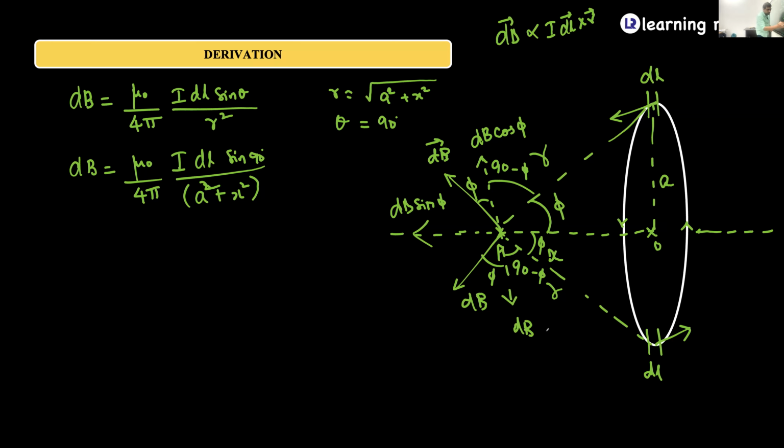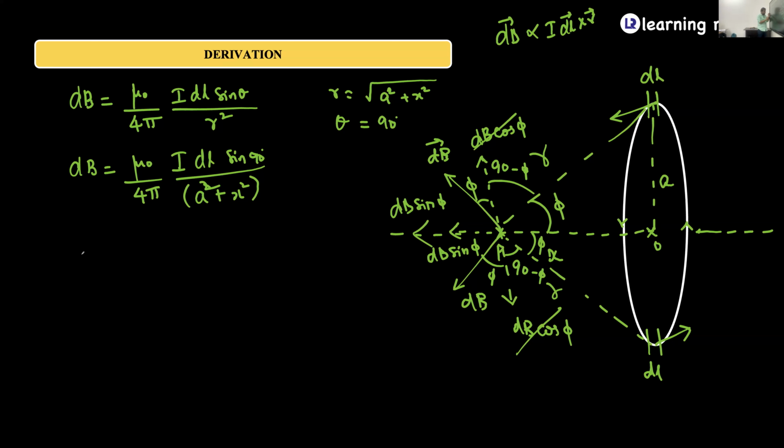So this dB can be resolved into dB cos phi and another dB sin phi. So how many dBs are there which are contributing to the magnetic field? There are 2 dB sin phi which are contributing to the magnetic field. dB cos phi gets cancelled.